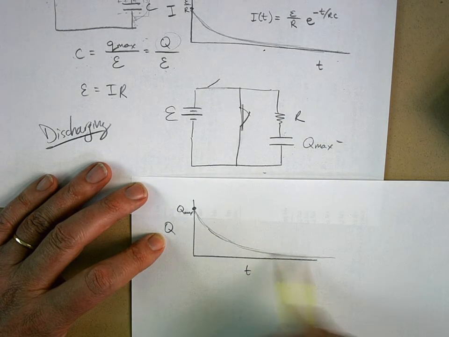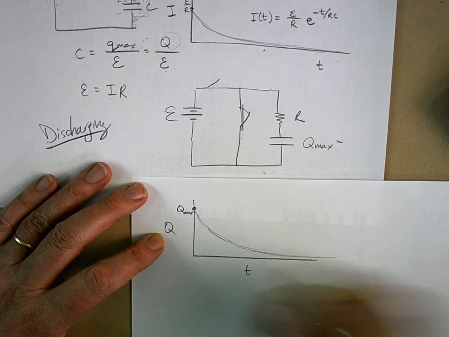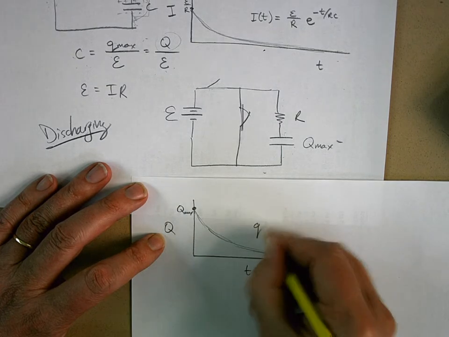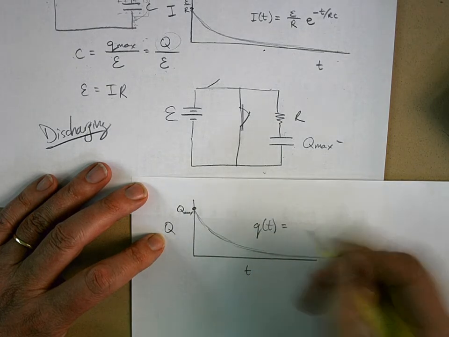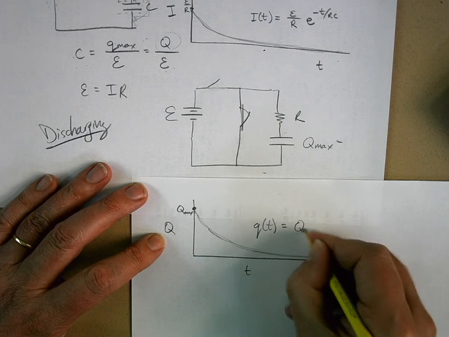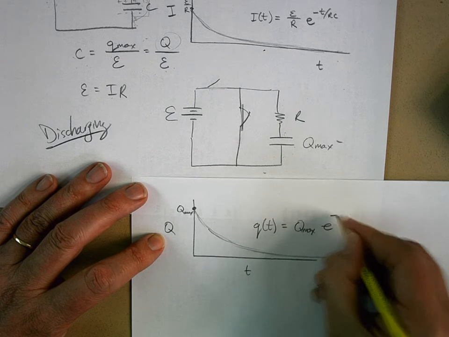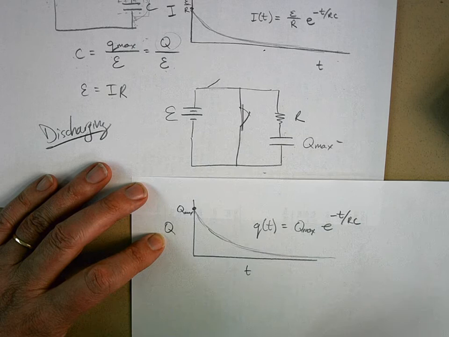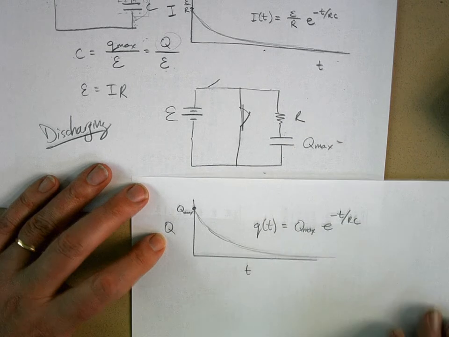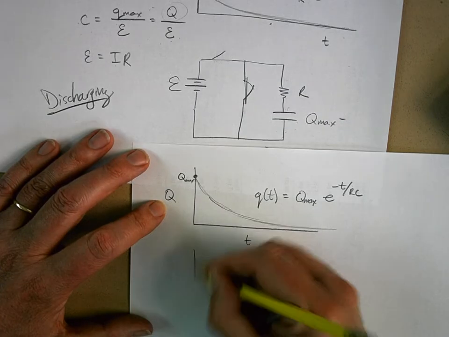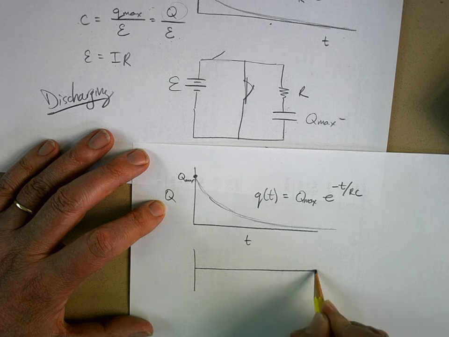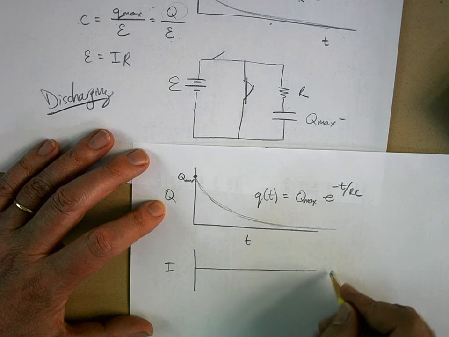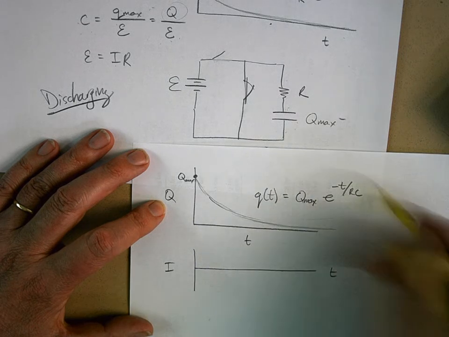And what is this? Q as a function of time is equal to Q max times e to the negative t over RC. And, well, what is current going to be? Current as a function of time. Well, you could take the derivative of this, so if you know how to do that, go ahead.